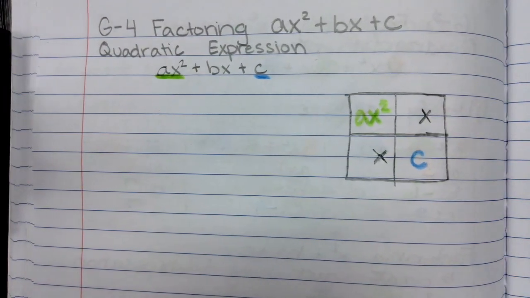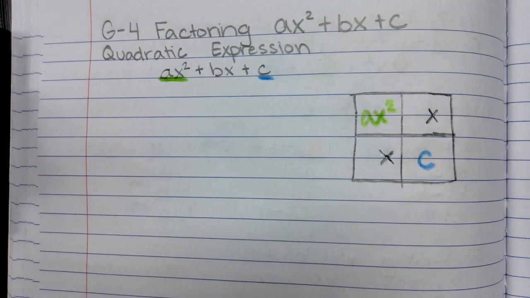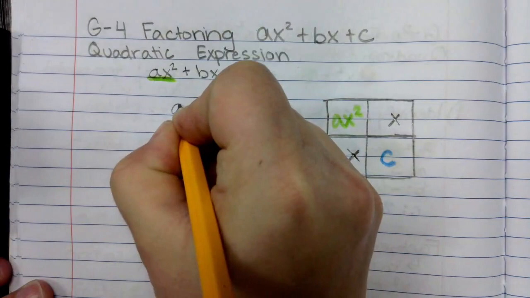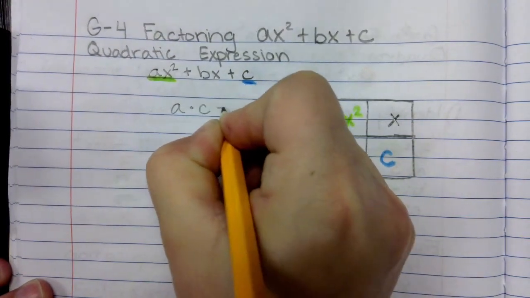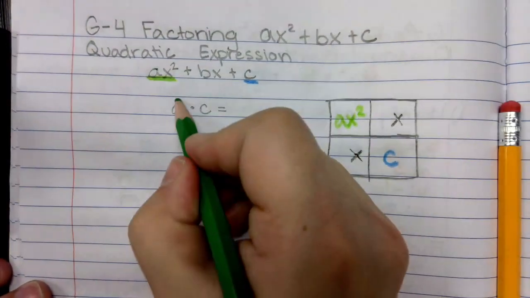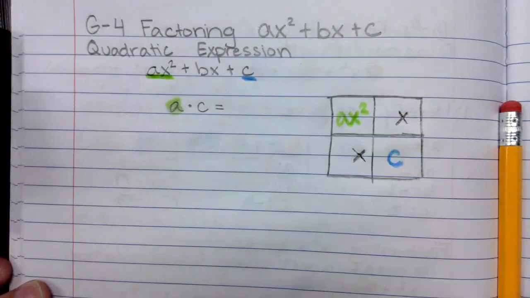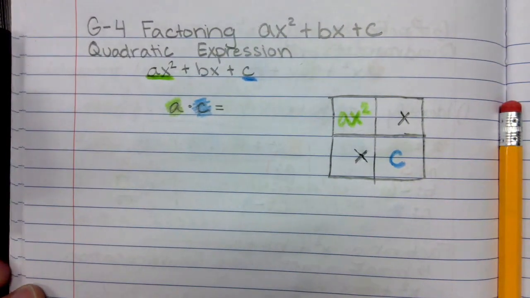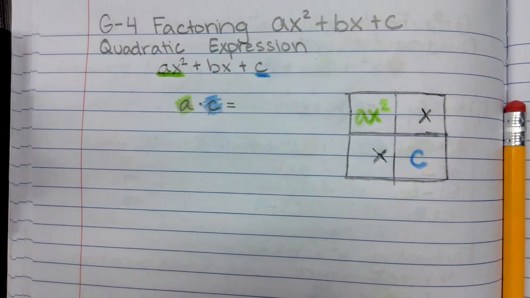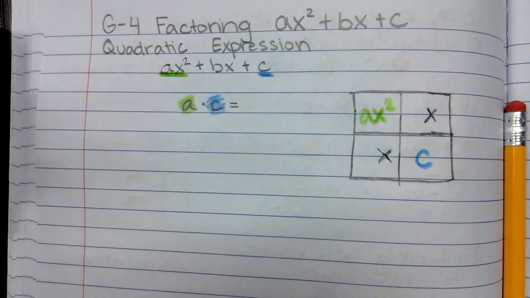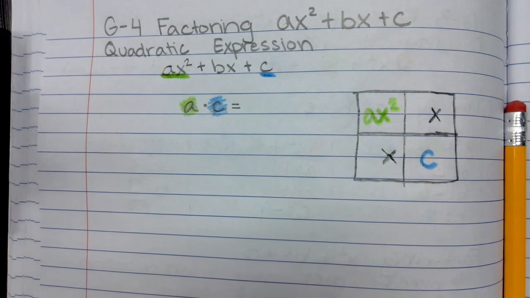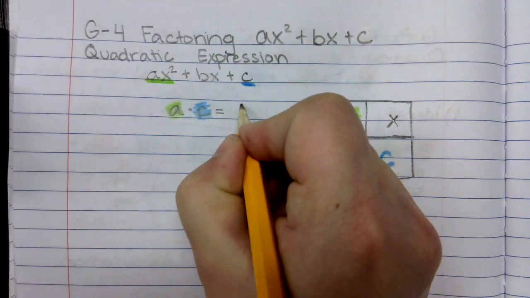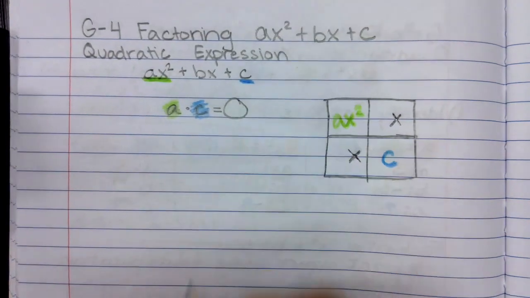Okay? In order to do that, there's a couple things we're going to do. The first thing we're going to do is we're going to take our A times our C. Okay, whatever this answer is, we're going to use that to do something similar to what we did last week.